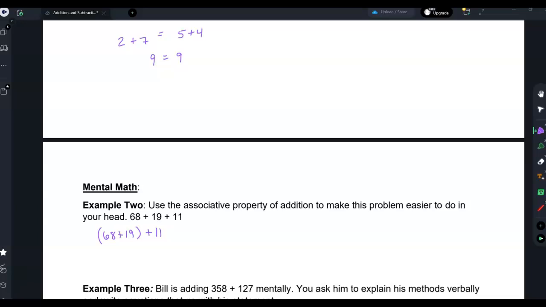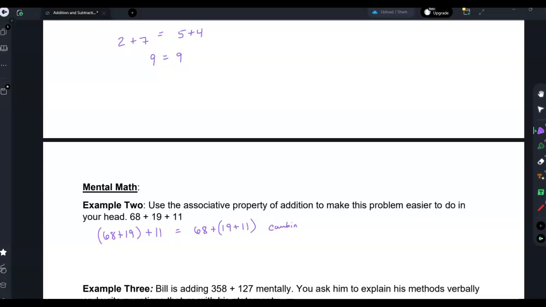If I changed that though, because I know it's the same, the associative property says you could put parentheses around the 19 and the 11, and then that's a lot easier. 19 plus 11 is easier to do in my head because I can use the making 10 strategy.